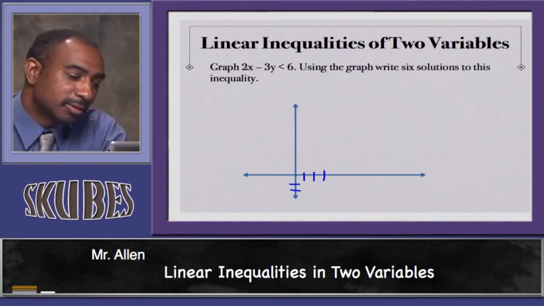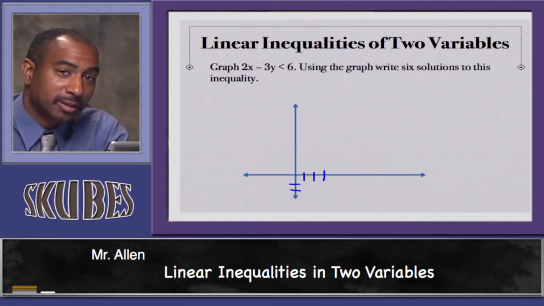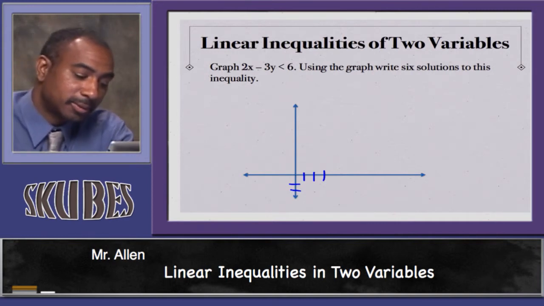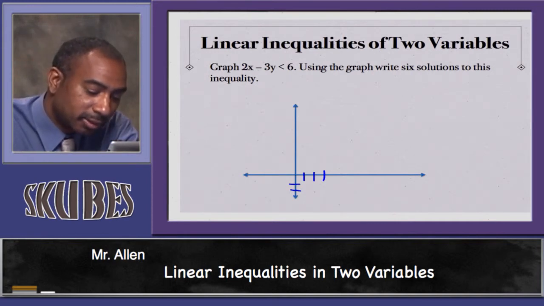Graph 2x minus 3y is less than 6. Using the graph, write 6 solutions to this inequality. Well, again, you can use the x and y intercepts. I have an x-intercept of 3, 0 here.